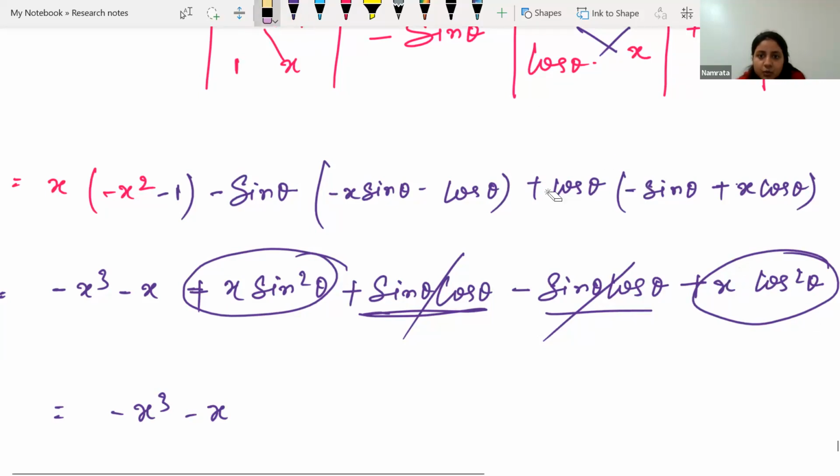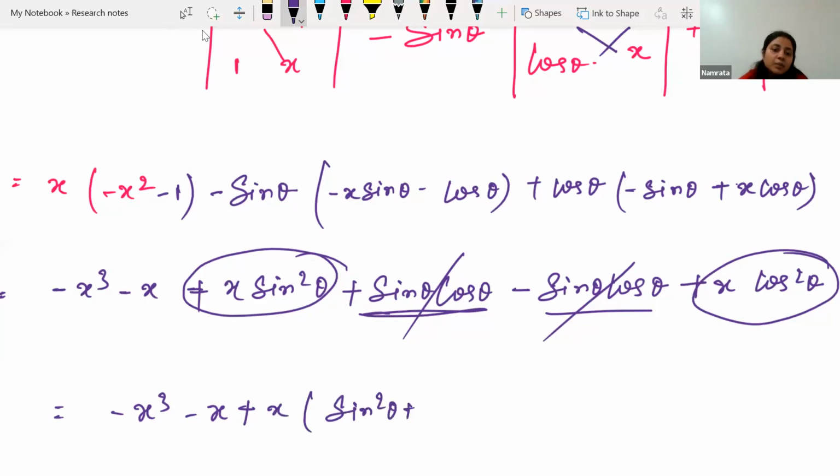As you can see, cos theta multiplied with x cos theta will be only x cos square theta. If you see carefully, both parts, we can apply the trigonometric identity. We can take x out common, and it will be sine square theta plus cos square theta.